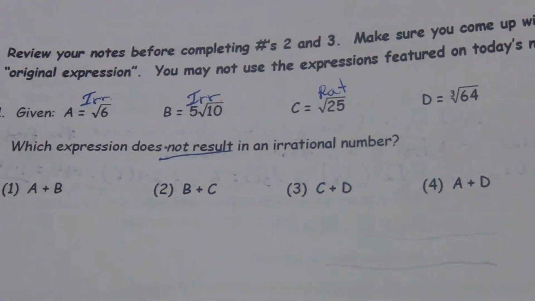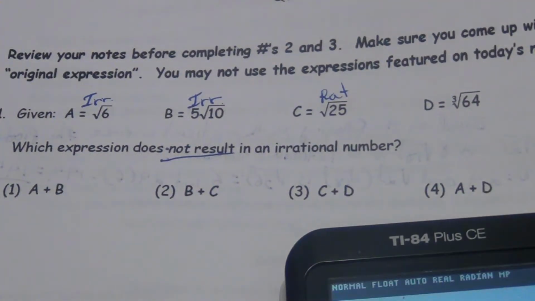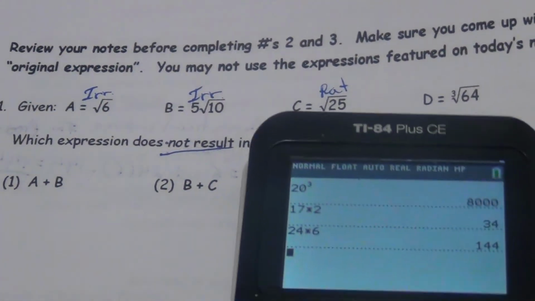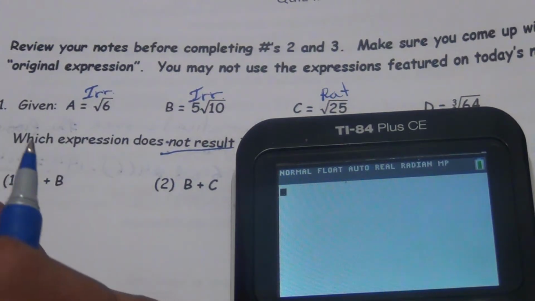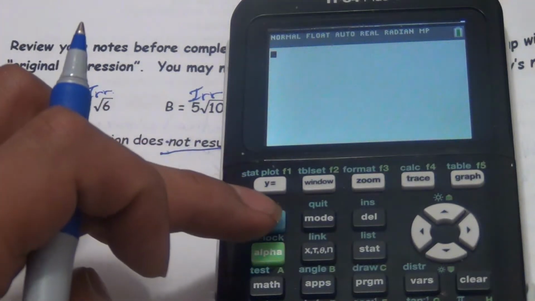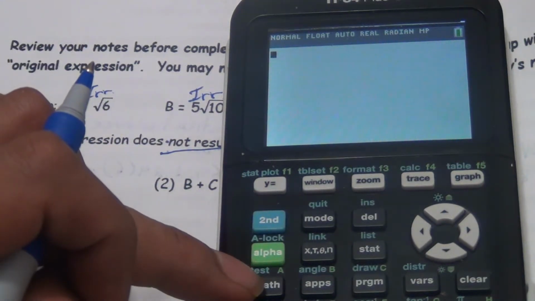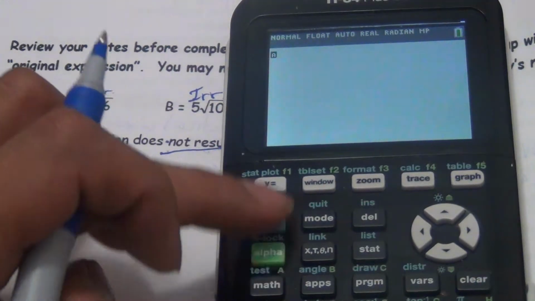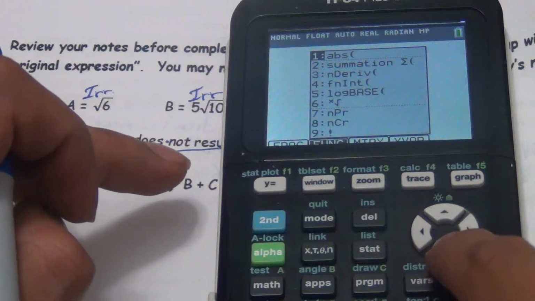I don't know. But you know what? It doesn't matter. The cubic root of 64. So I'm going to go to math. Oh, you know what? Let me try something. Beautiful.